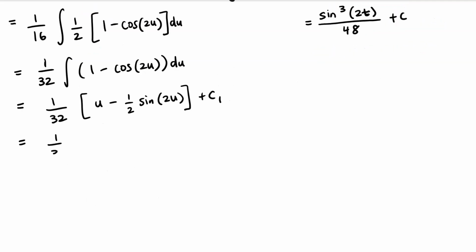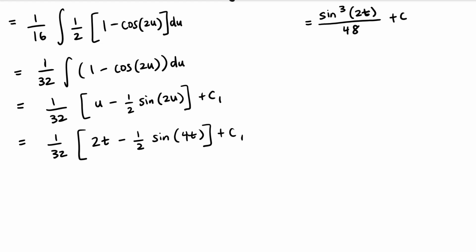And from here, we can go ahead and replace u with 2t from earlier. So that's going to give us 4t inside here.